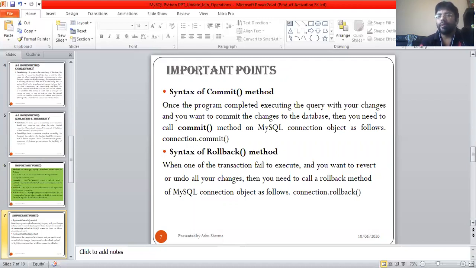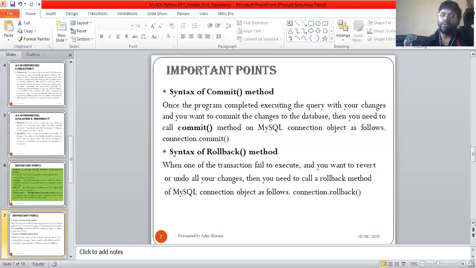Once the program completes executing the query with your changes and you want to commit the changes to the master database, you need to call the commit method on the MySQL connection object as follows. You create the connection object and call connection.commit to make changes to the database.